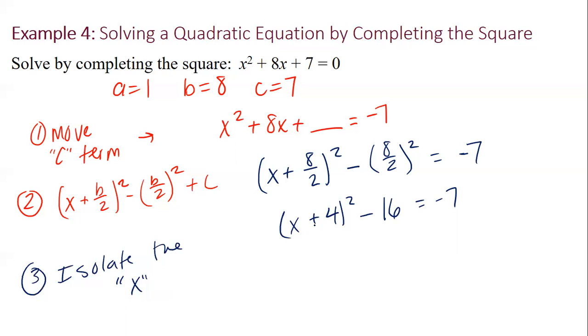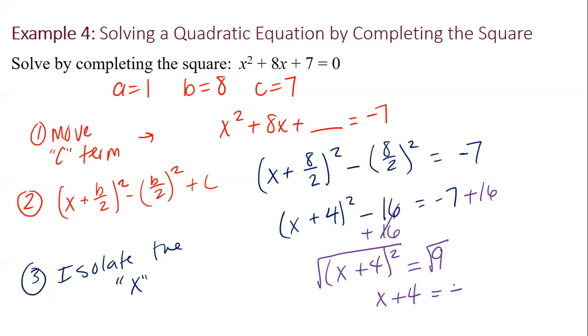What do I need to do to get x by itself? Someone said it. Plus 16 is what I heard. Good job. So we have x plus 4 squared equals, what's negative 7 plus 16? 9. Then what else do I need to do to isolate the x? Take the square root. And what do I get?